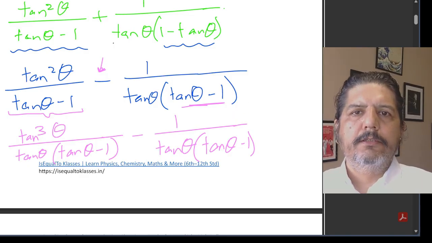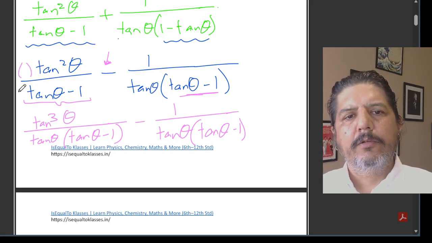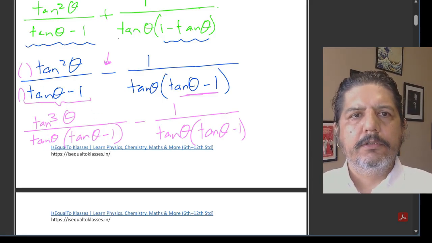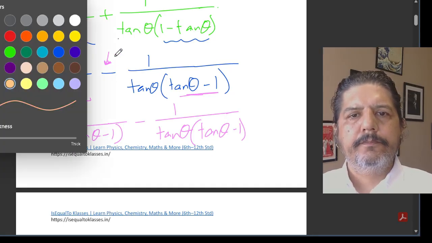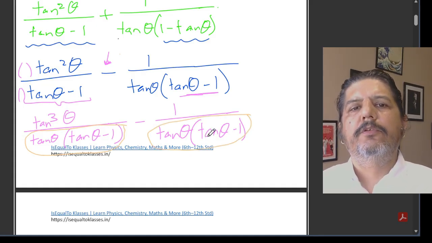So see, what I have done is, here I multiplied the numerator and denominator by tan theta. Why tan theta? Because I want this denominator to be equal to this denominator. Hope this is making sense.